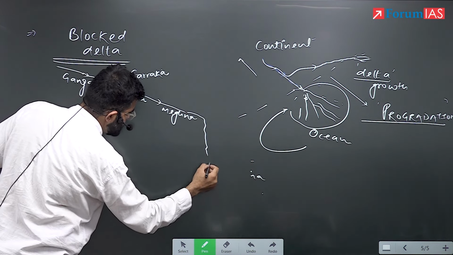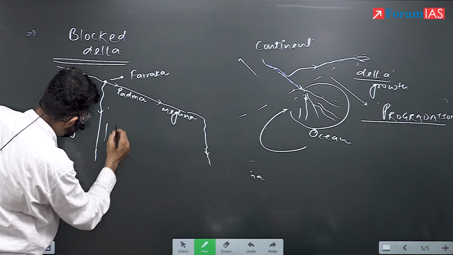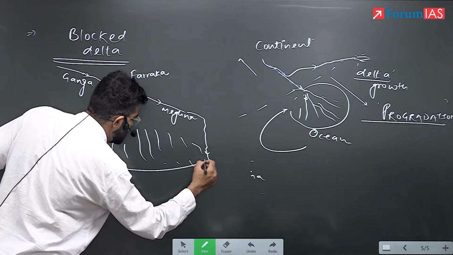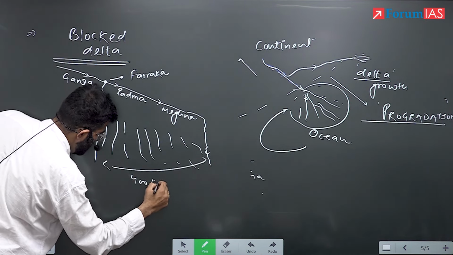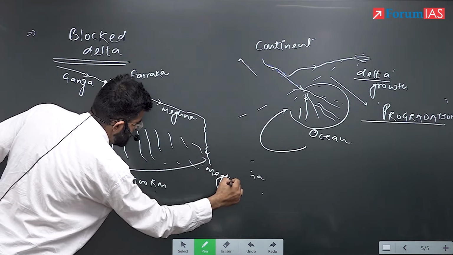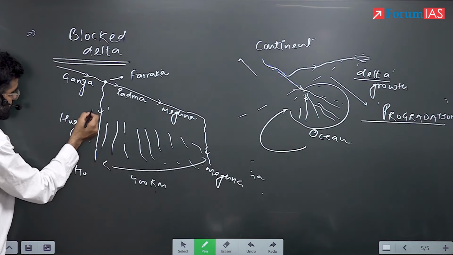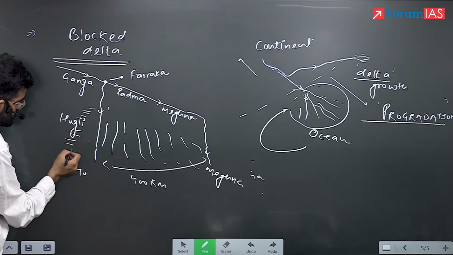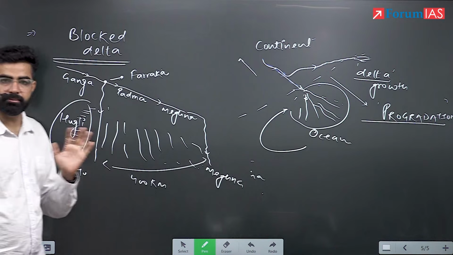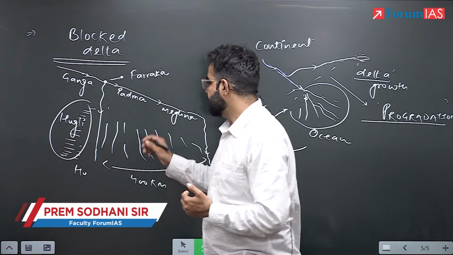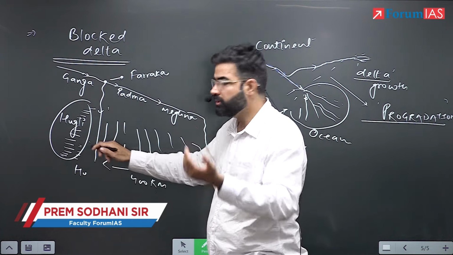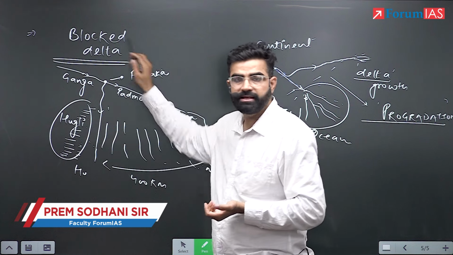And after coming out from Bangladesh, this whole area is a 400 kilometer wide delta formed in this area. In this western side, this delta has now stopped, or progradation of this part of the Ganga-Brahmaputra delta has been completely blocked. So in the blocked delta, we can also give the example of the western part as an example of blocked delta.